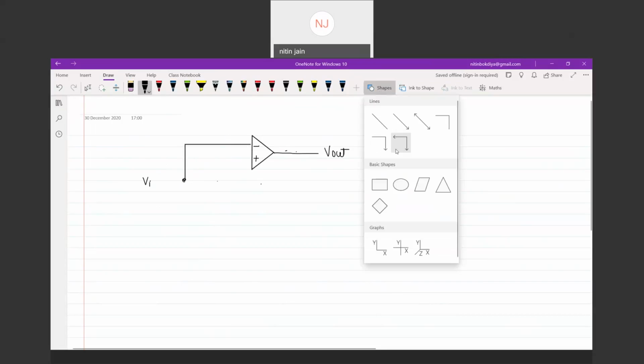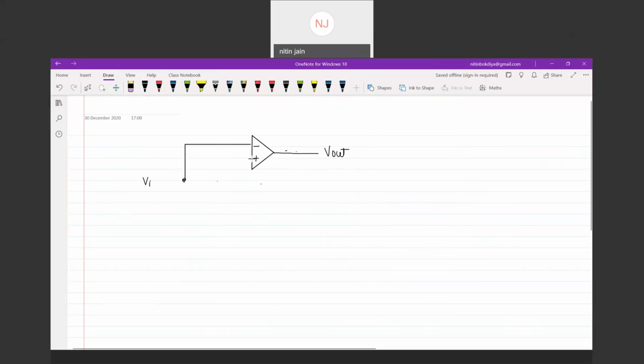Then we have one more arrangement like this. This is a 10 kilo ohm resistance, this is 10K, and we have one more 20 kilo ohm resistance.